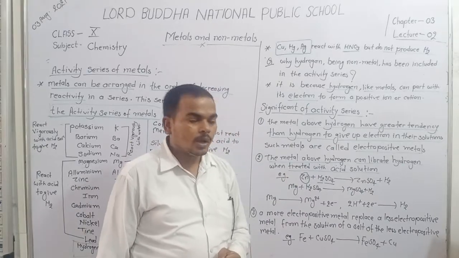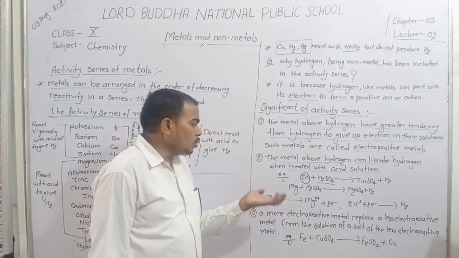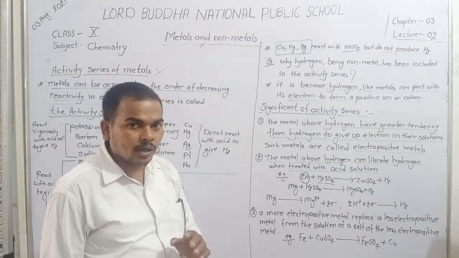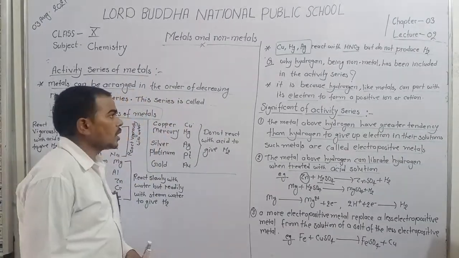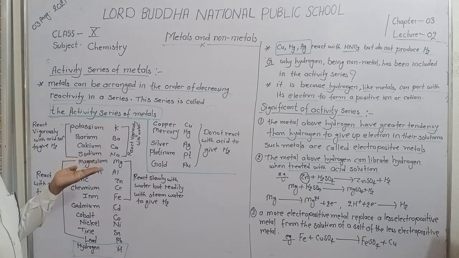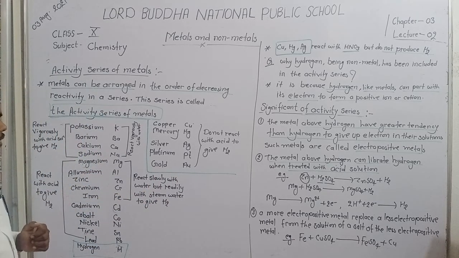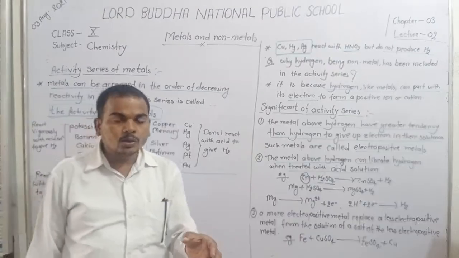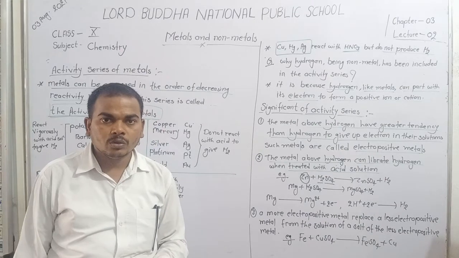Dear students, how does magnesium give hydrogen gas in acidic solution? You know that the metals placed above hydrogen are electropositive metals. An electropositive metal is a metal that loses its electrons and acquires a positive charge. Here magnesium is placed above hydrogen, so it is an electropositive metal.